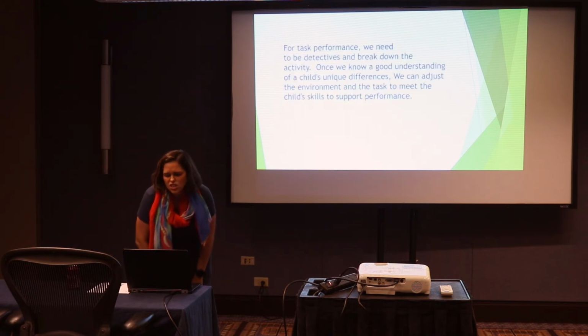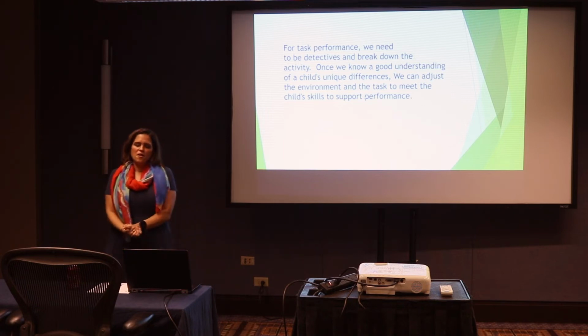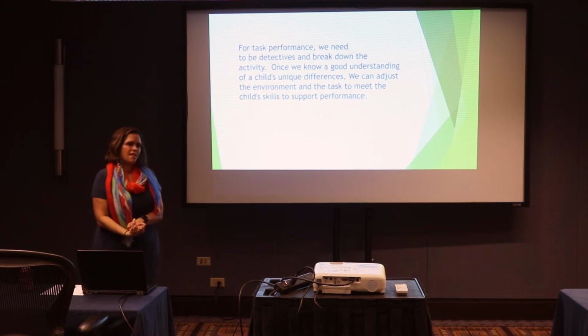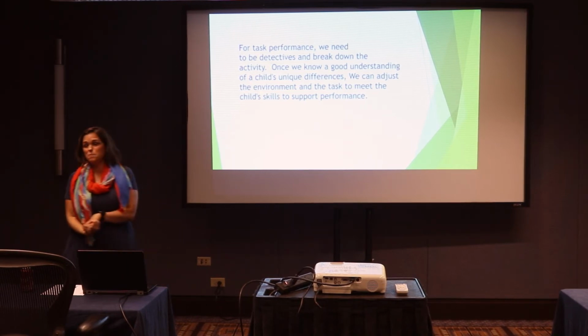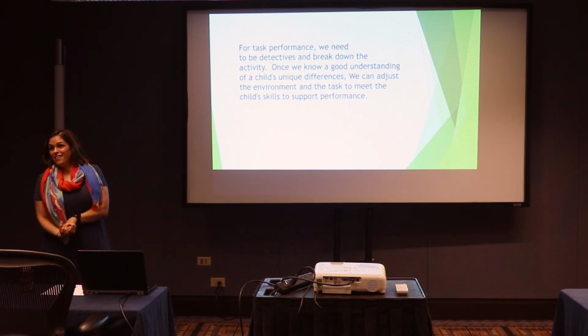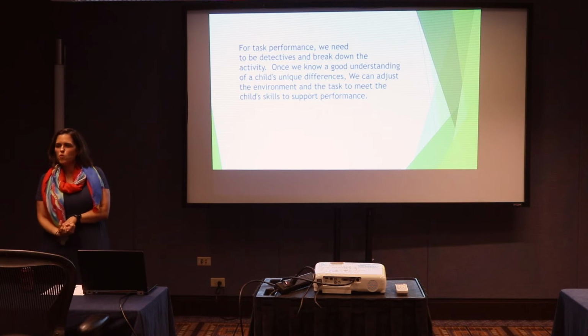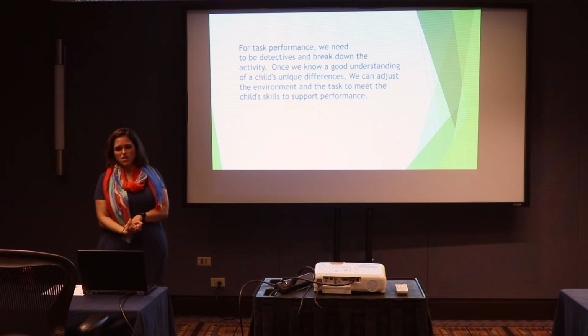Okay, so probably the hard part as an OT and as parents and family members is being the detective. We're always being the detective, aren't we? Okay, what can we change? Where's the breakdown here? How can we support?